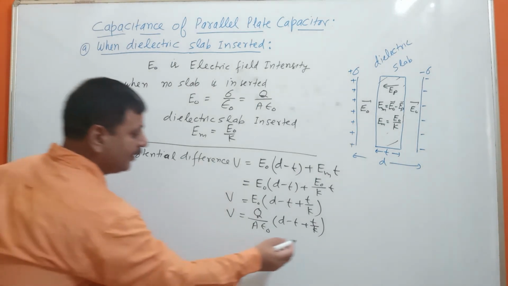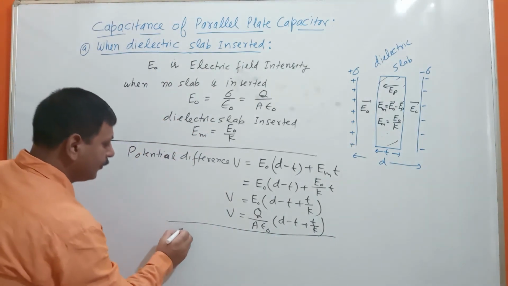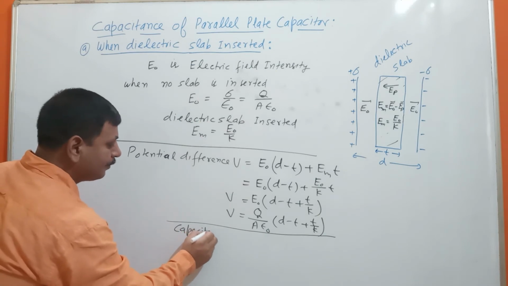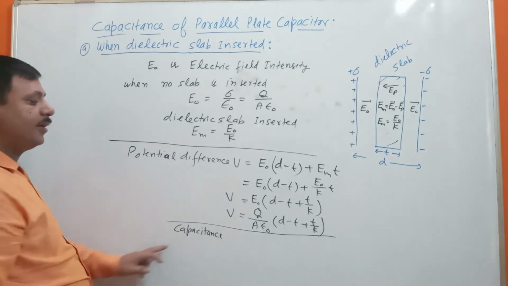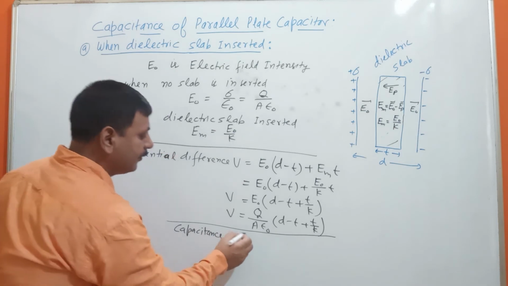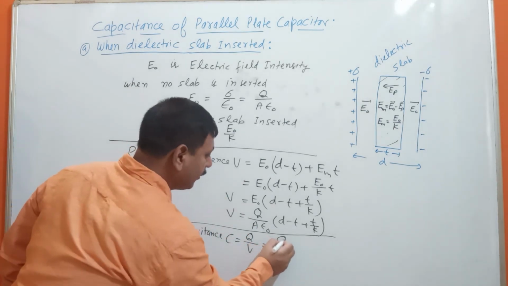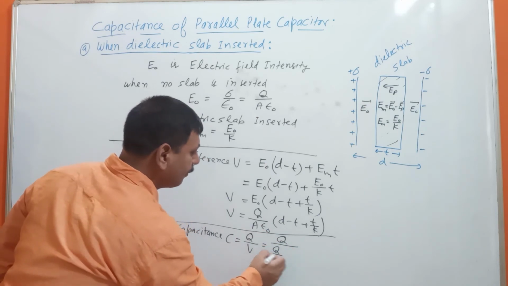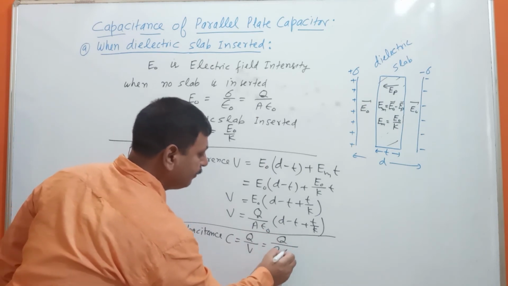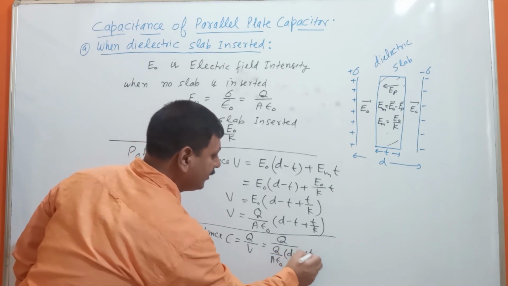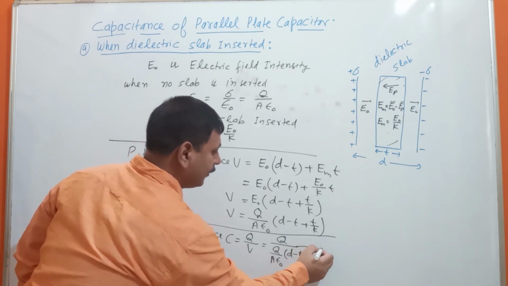So what will be the capacitance of the parallel plate capacitor when the dielectric slab is inserted? C is equal to Q upon potential difference, Q upon [Q upon A epsilon naught (D minus T plus T upon K)].